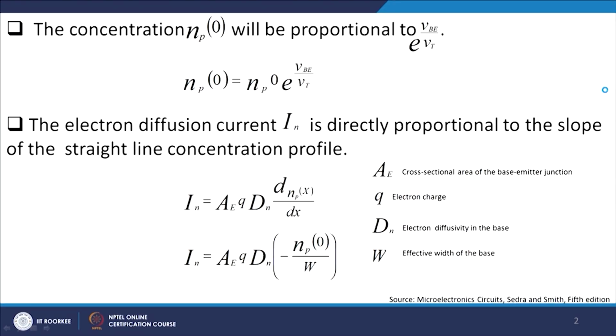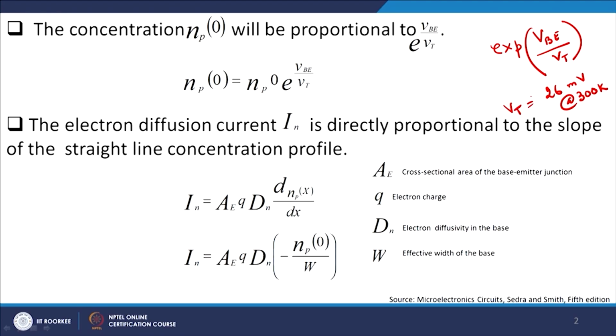If you look carefully, the minority carrier concentration will be proportional to e to the power VBE, the base to emitter voltage, divided by the thermal voltage Vt, which equals 26 millivolts at 300 Kelvin.